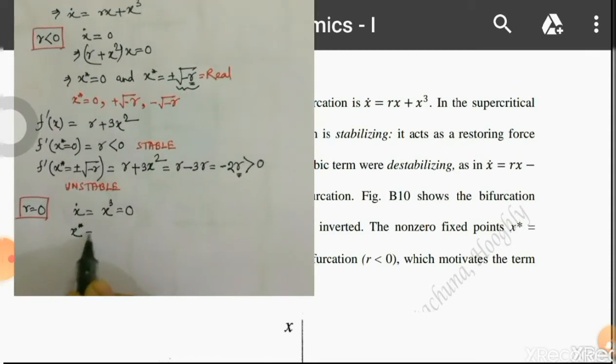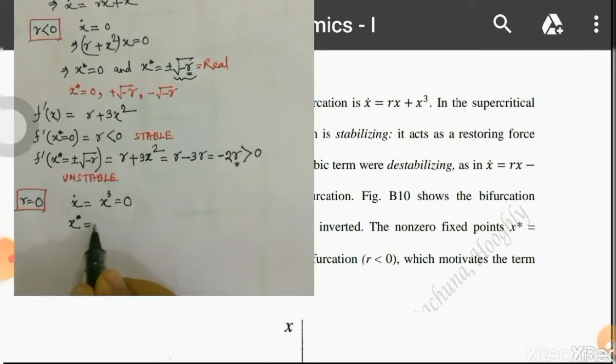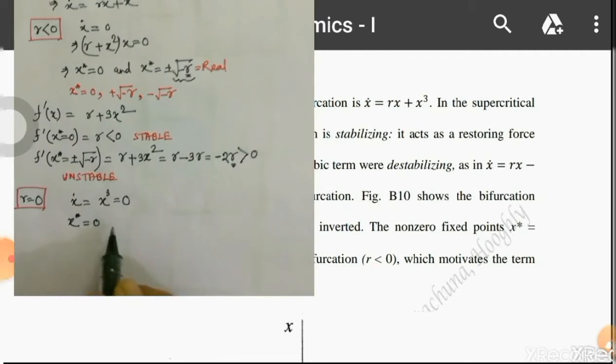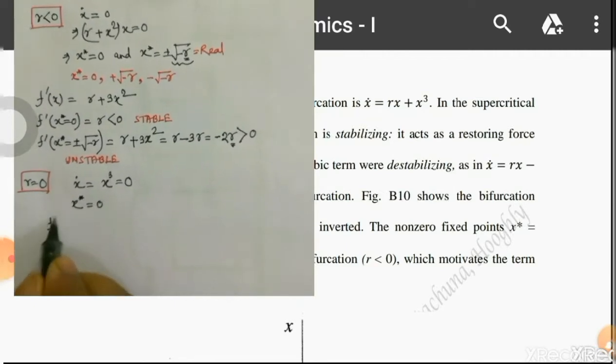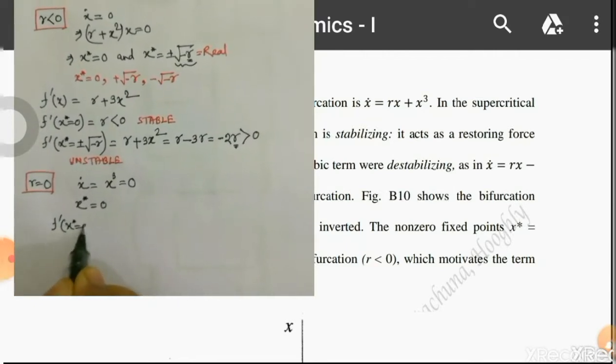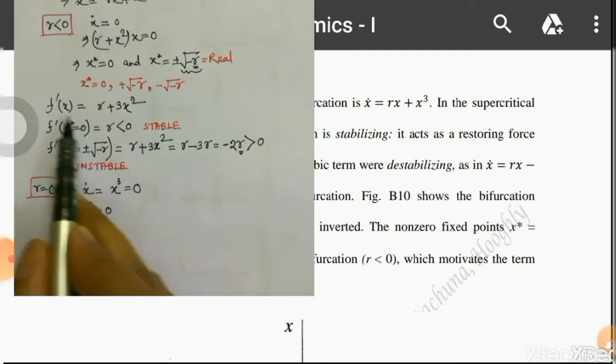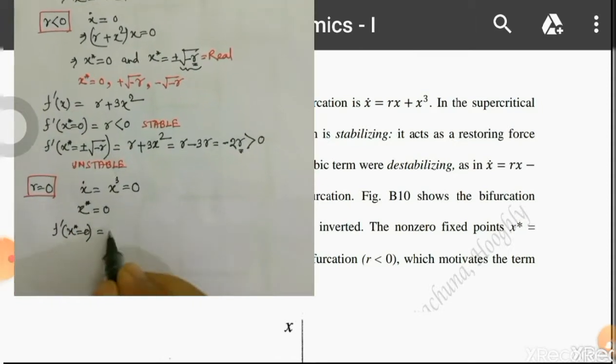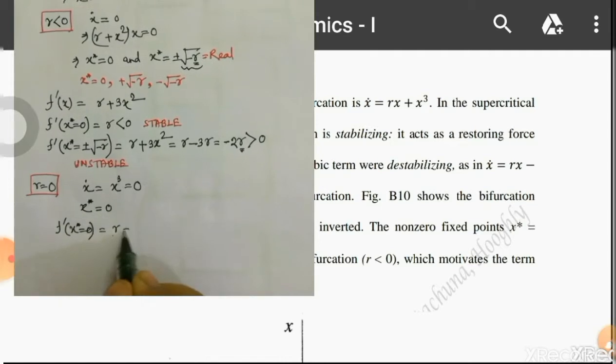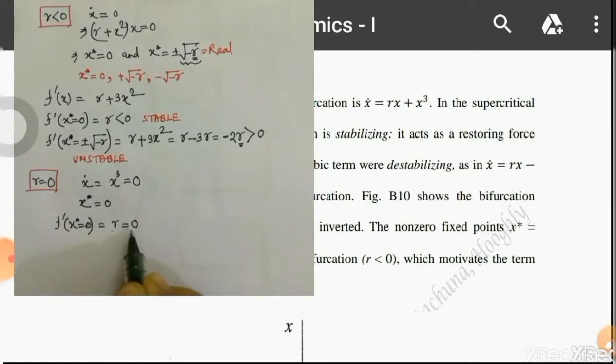Therefore, we have only one fixed point, at x equals 0. And if we derive f prime of x at x star equals 0, this will be equal to r, and since r is equal to 0, it will be equal to 0.